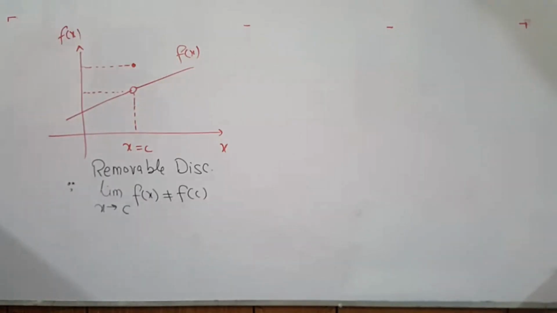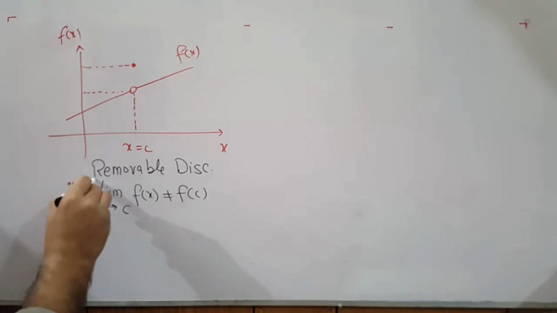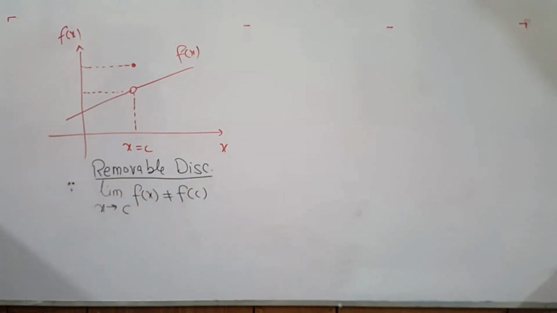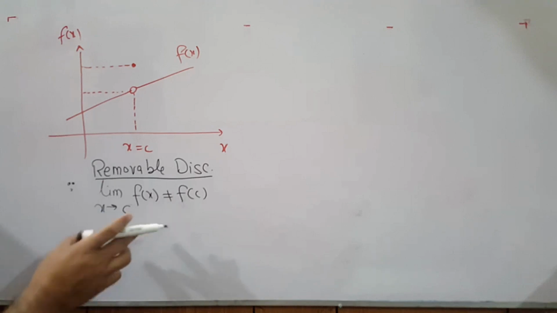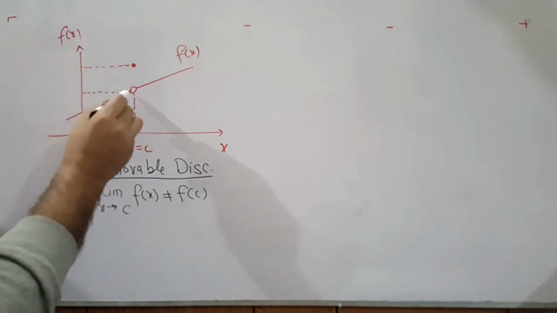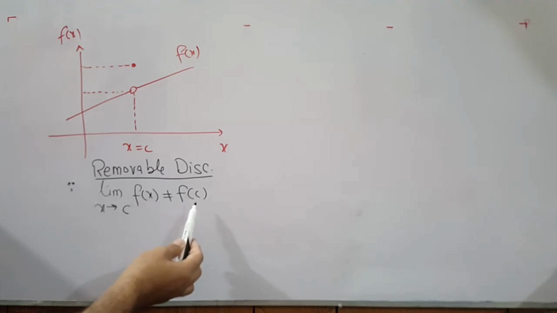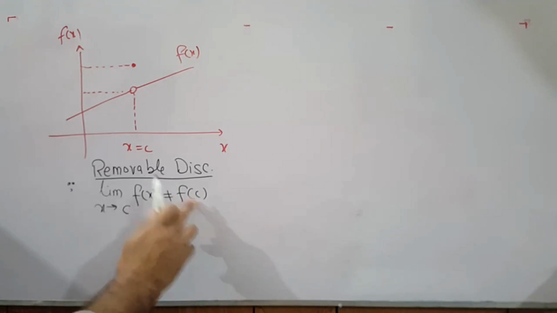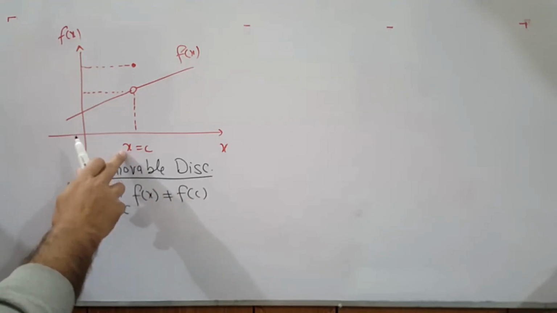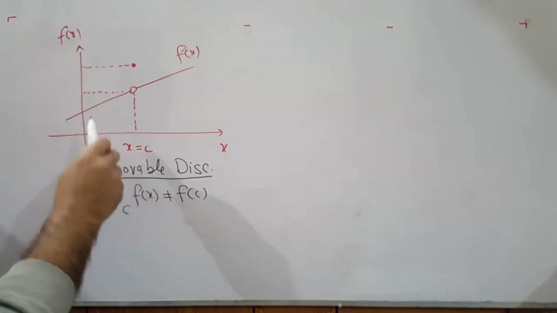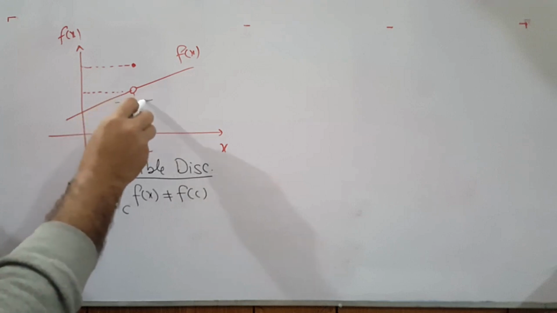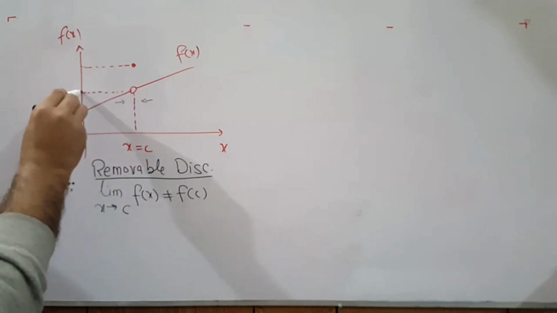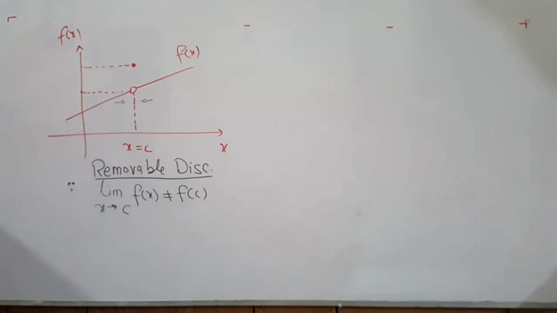And finally, another type is called removable discontinuity. This is when the limit exists, but it's not equal to the function value at the particular point. We can see that the limit exists at x equals c, the left-hand limit and the right-hand limit are both the same, and the function is defined at this point.